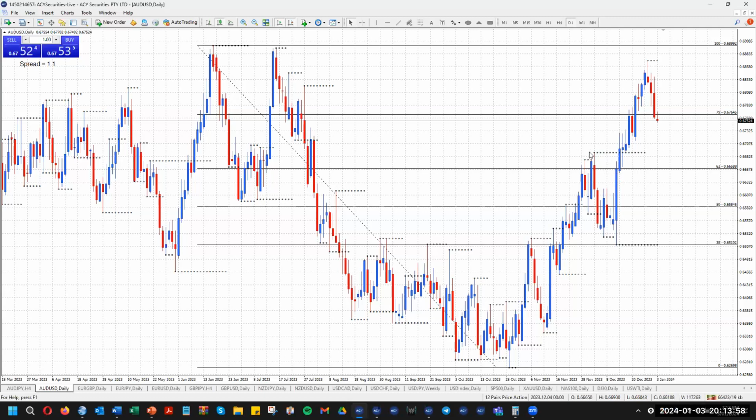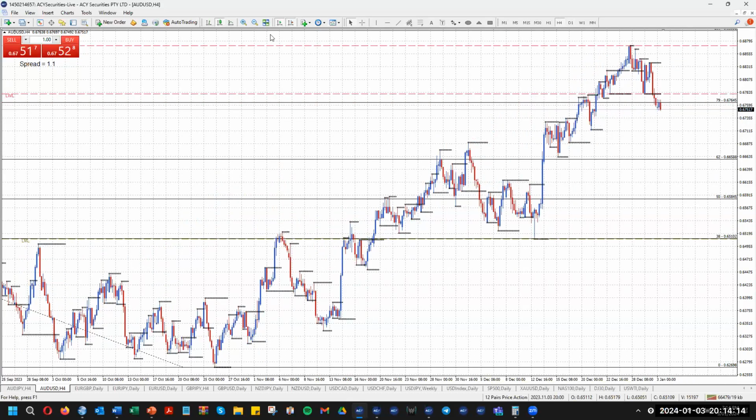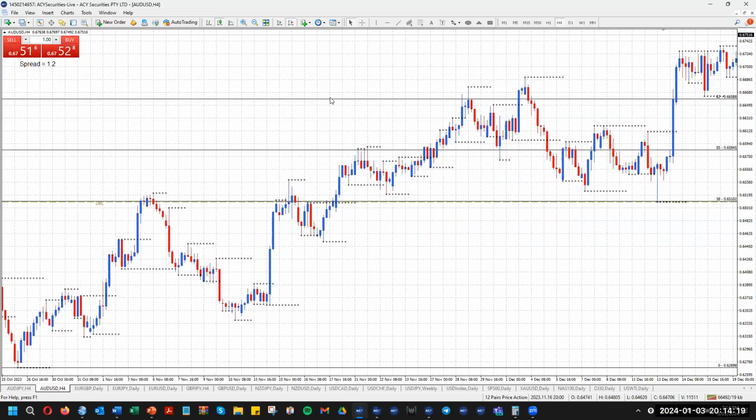So in this area here on a 4-hour chart, you may have been looking for the opportunity to get short, be it that we're starting to hang around the 62% level. All right, so that was this area here.